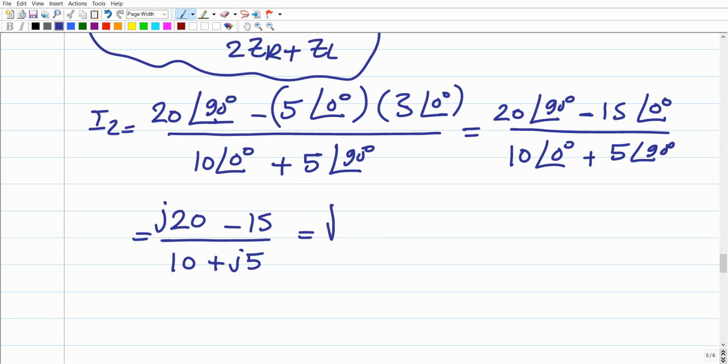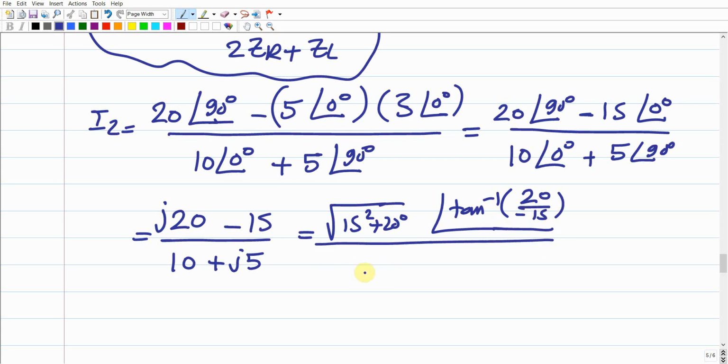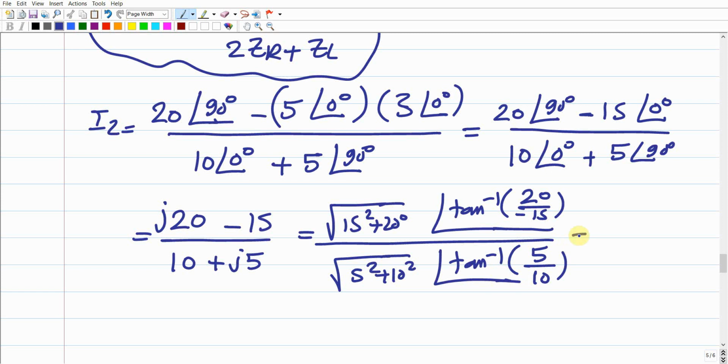This is going to give us the square root of 15 squared plus 20 squared, and the angle is going to be the tan inverse of 20 divided by negative 15. All of this should be divided by the square root of 5 squared plus 10 squared, and the angle is going to be the tan inverse of the imaginary part, which is 5, divided by 10, right? So doing the calculations, simply we're going to end up with these values.